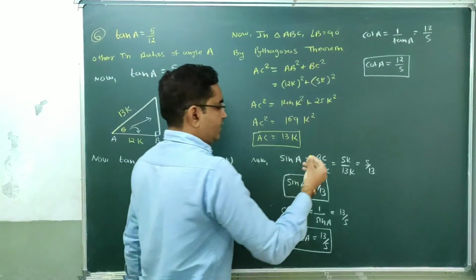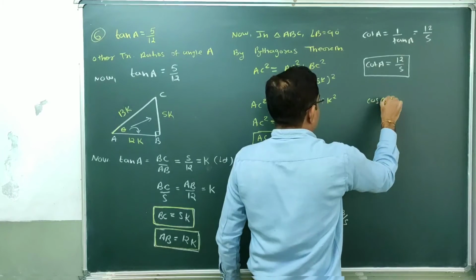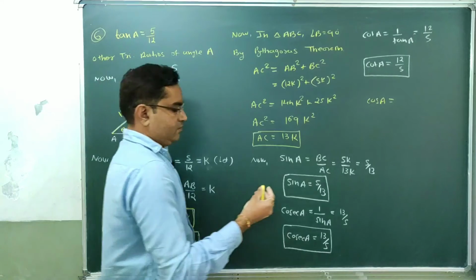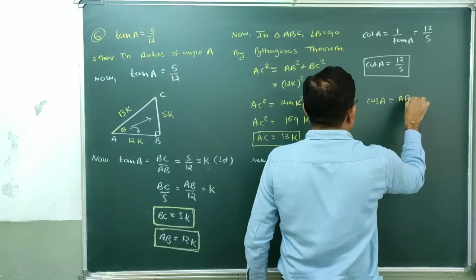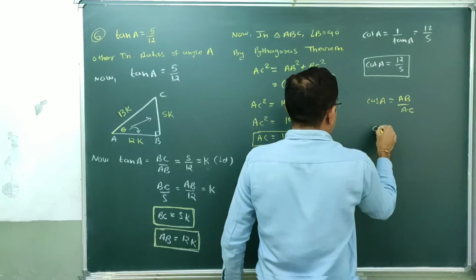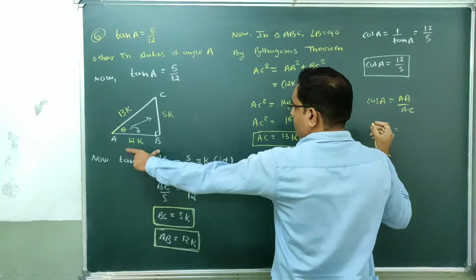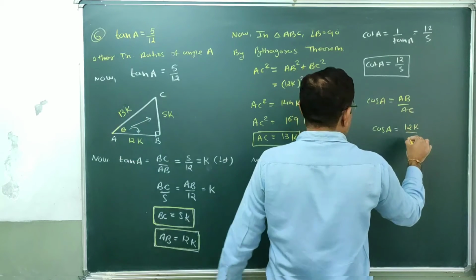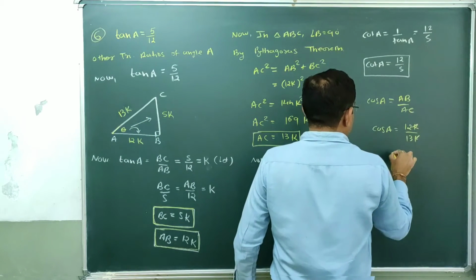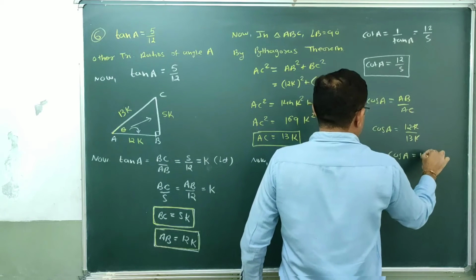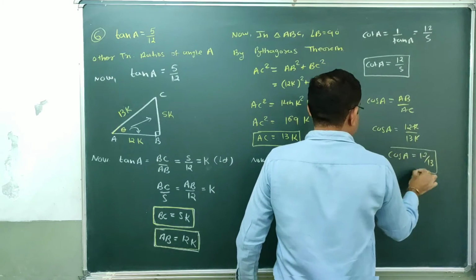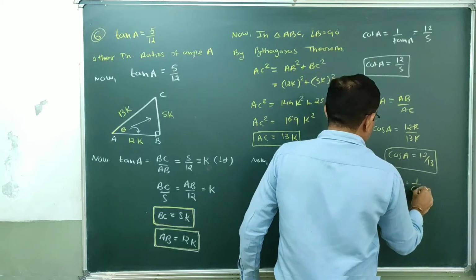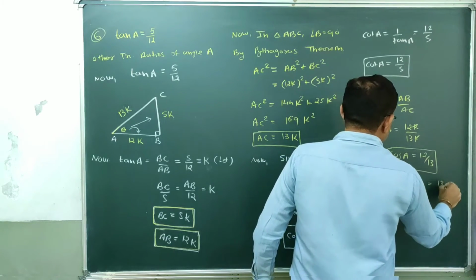So the definition of cos A is adjacent side by hypotenuse, AB by AC. So it's AB by AC, without using identities, we are finding it. So cos A equals AB by AC, 12K by 13K. So cos A is 12 by 13. Done. And sec A, the reciprocal of cos A, is equal to 13 by 12.